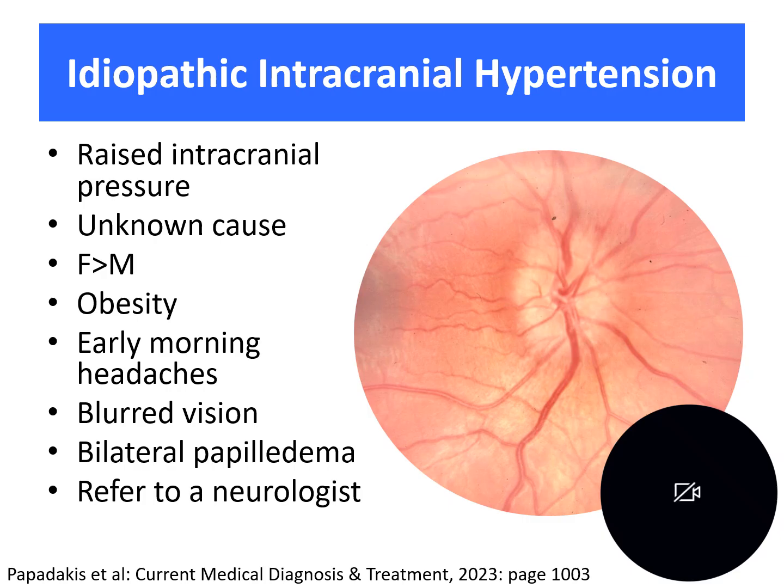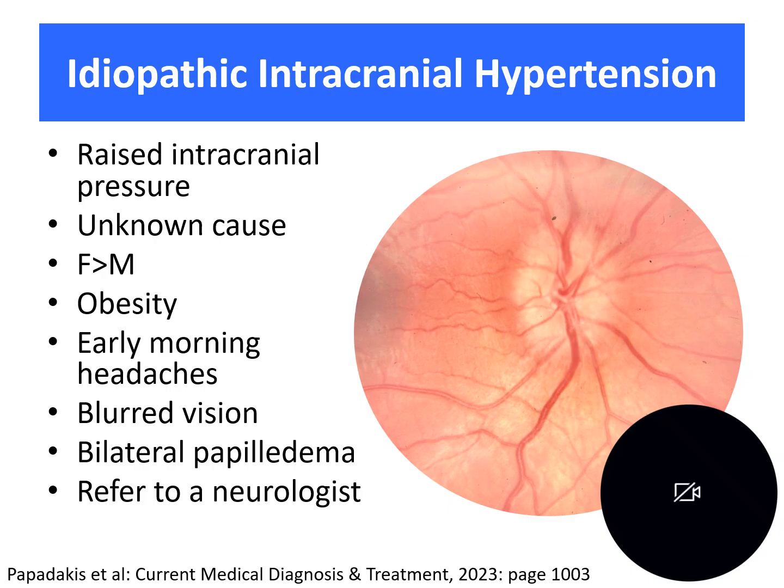Idiopathic intracranial hypertension is a mouthful, but it tells you a number of things. The pressure inside the cranium, so intracranial hypertension, is raised, but the actual cause of this is unknown, hence the term idiopathic intracranial hypertension.